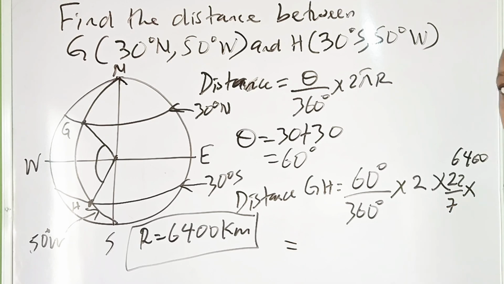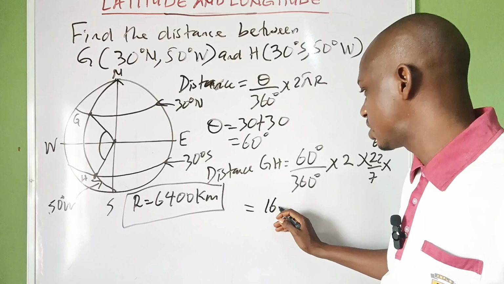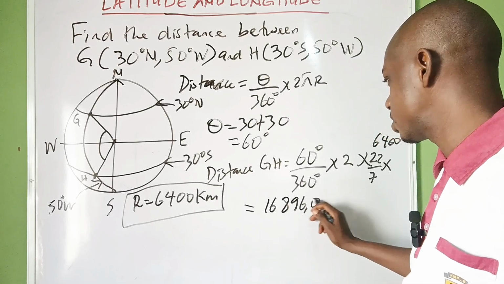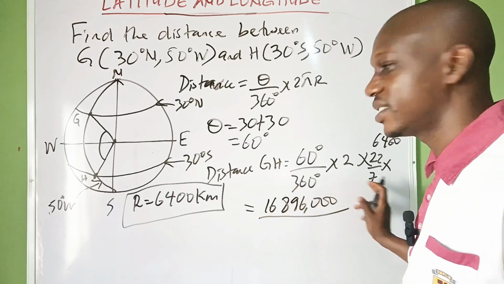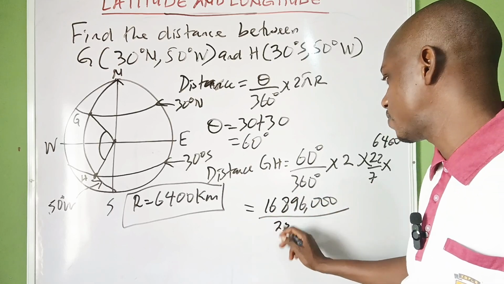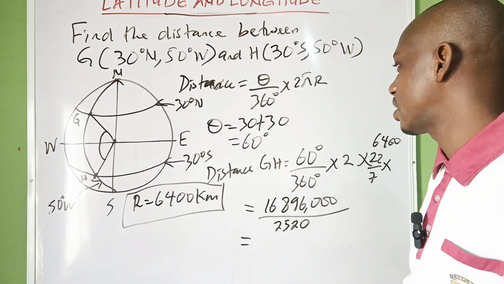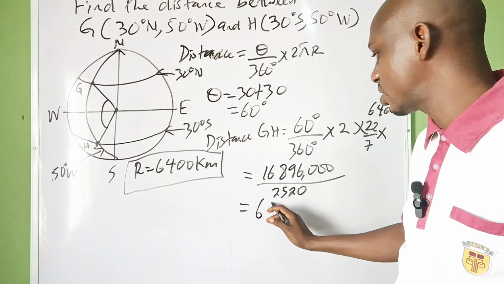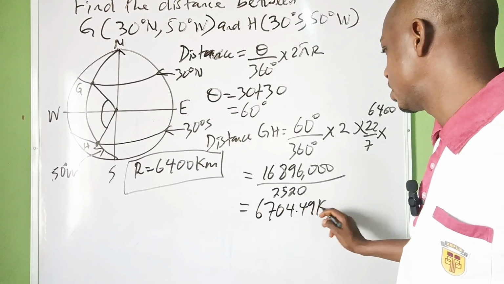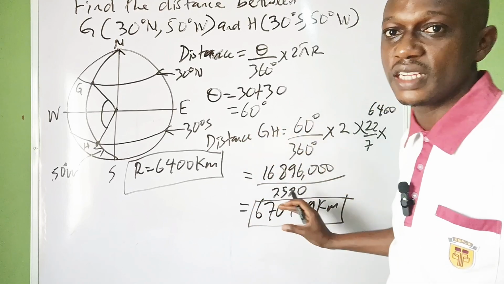So let's do that, please, and let's see what we get. 16 million 896 thousand, divided by 360 times 7, which is 2,520. So our final answer will be 6,704.49 kilometers. So that's the distance, instead of the angular distance.